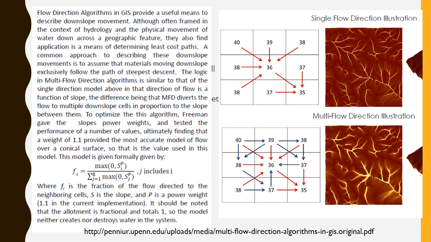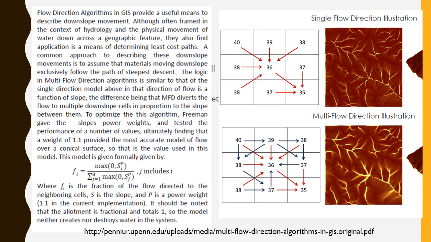Now, the bottom right, there's something called a multiple flow direction. Multiple flow direction does not assign flow strictly based on what is my steepest downslope neighbor. It divides flow amongst all of the downslope neighbors. It does it somewhat proportionally, so it doesn't necessarily just throw it all in one.